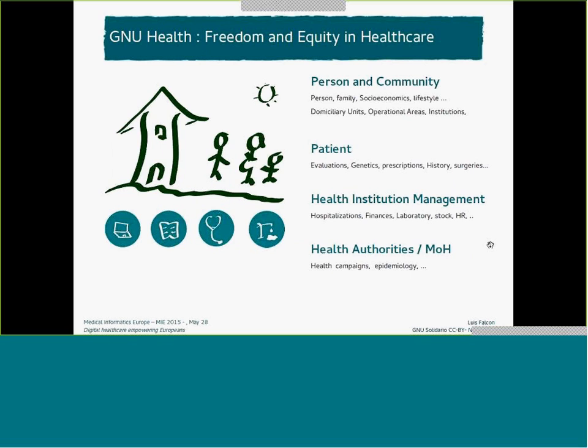Again, in anything related to GNU Health, we deal with people, and we try to put as much information as possible related to the community, the person, and his or her family: socioeconomic conditions, lifestyles, where they are living, whether they have electricity, whether they have work, and so on.